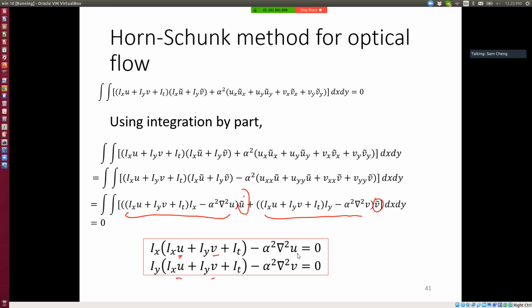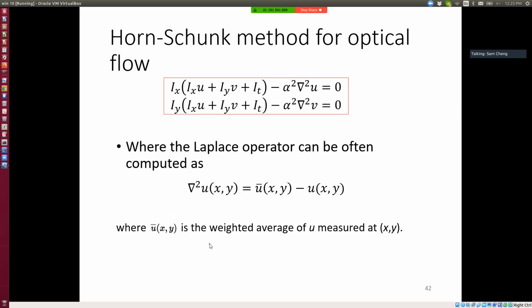For this Ix, Iy, just as usual, we can compute that using a filter. But for the Laplacian of u and v, we can approximate the Laplacian operator as the mean of the u, like a Mexican hat, minus the central location there.